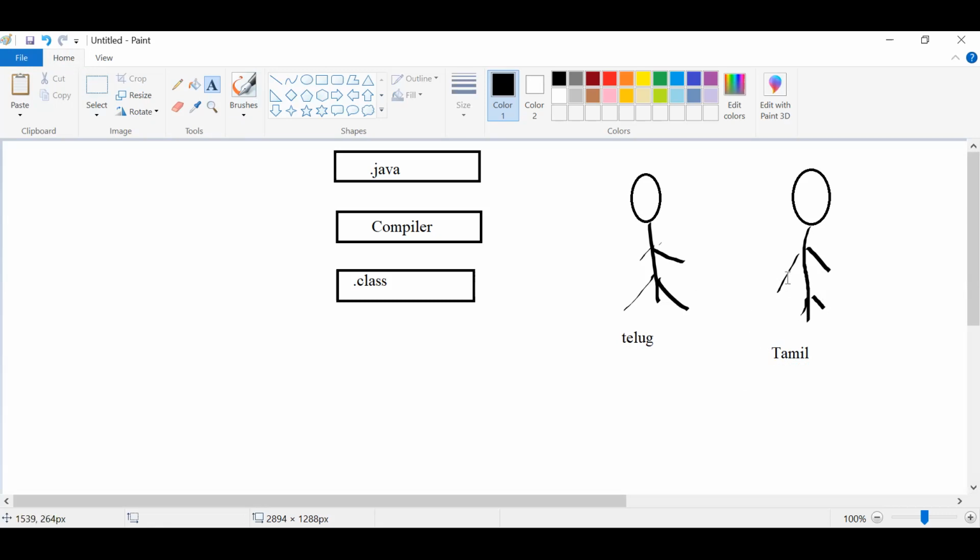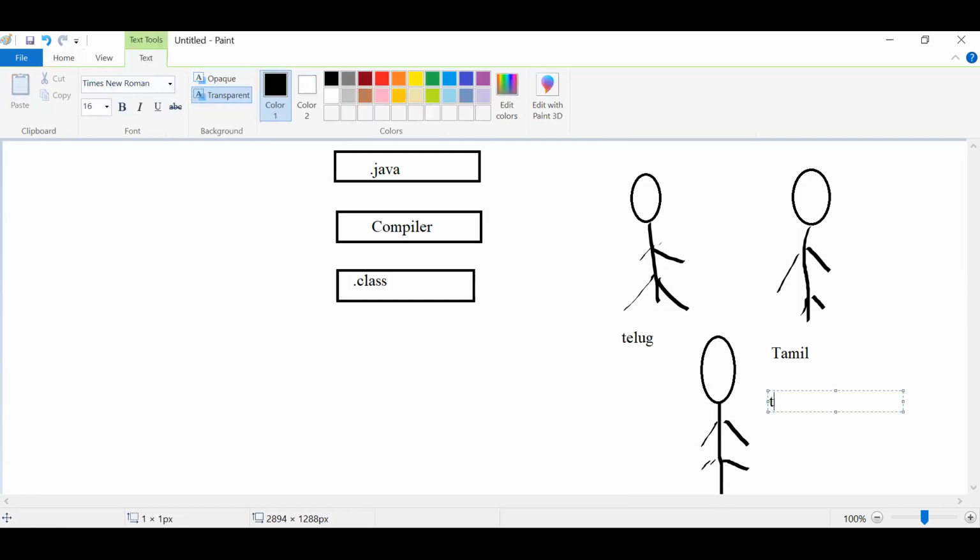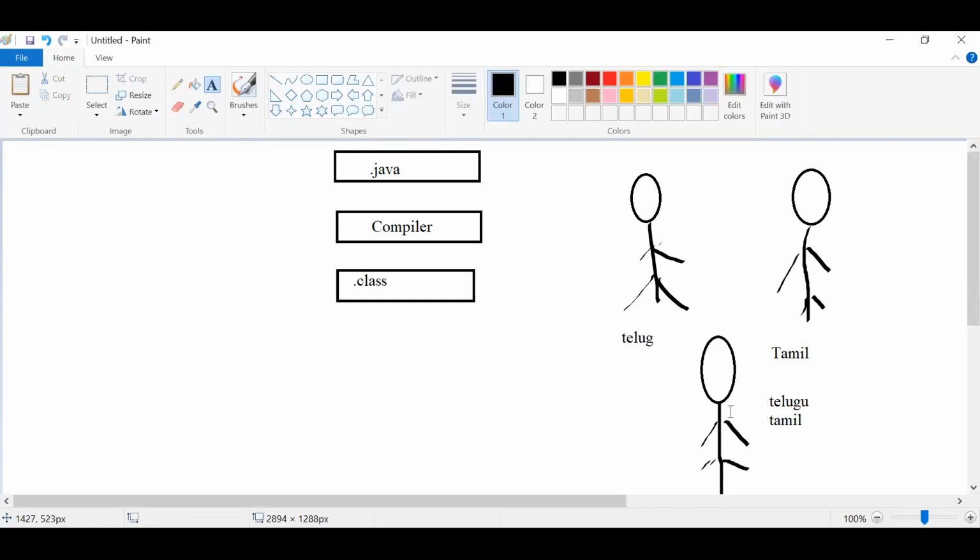How do they communicate? Is it possible? No. So at that time, one person is there who has to convert Telugu to Tamil and Tamil to Telugu. First, this person knows Telugu and Tamil. Then only this mediator can translate for both persons.